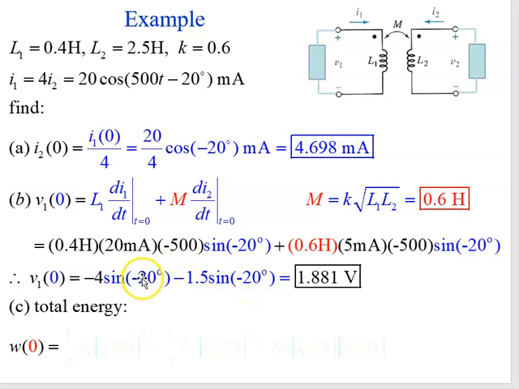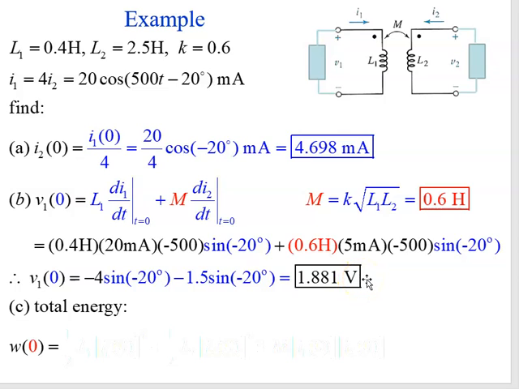So the contribution to V1 is much greater due to the self-induced voltage than due to the mutually induced voltage, and that's really because our I1 is greater than our I2 by a factor of 4, even though L1 is not that much greater than M. So we can calculate that to be 1.881 volts.